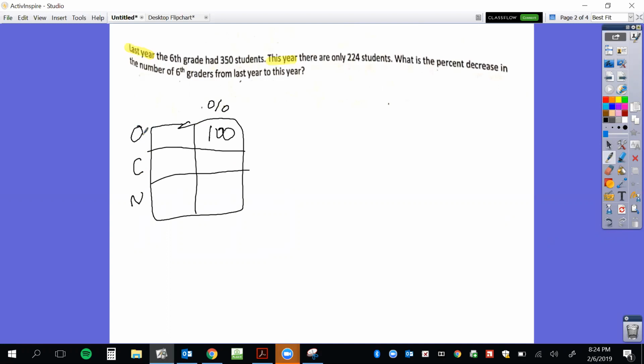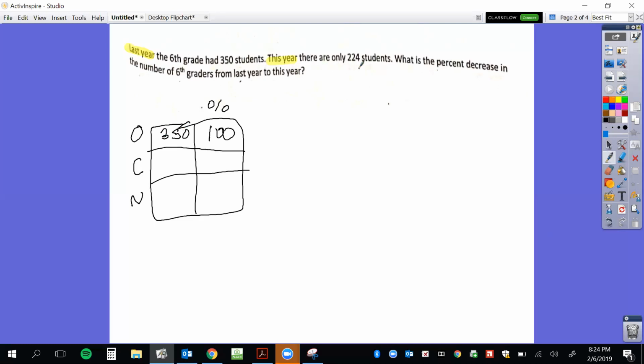Now, if I look up here, remember original was my starting amount. So which one happened first, last year or this year? Think about your world cultures class and you build timelines. Last year would have happened before this year, so last year came first. So my original amount is 350 students.